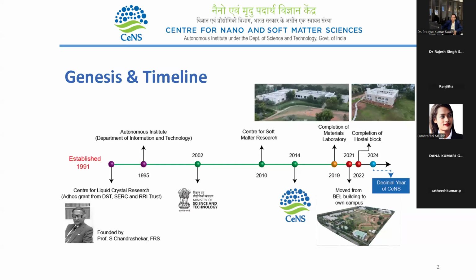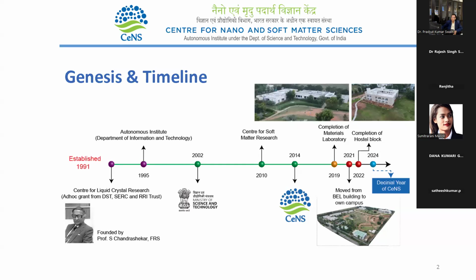Apart from the academic research, we also do some sponsored research for industries, so we have projects from government agencies as well as industry. There are a lot of R&D assistants and postdoctoral fellows working in our center, and we have a state-of-the-art laboratory facility, which we call the central research facility, open to all 24/7. The students can work anytime in the day. These are all the important features of our center.